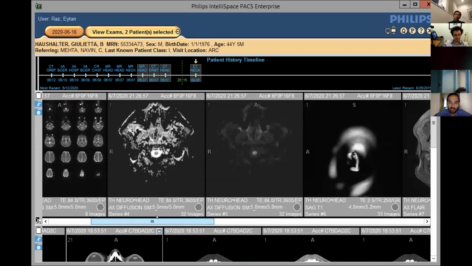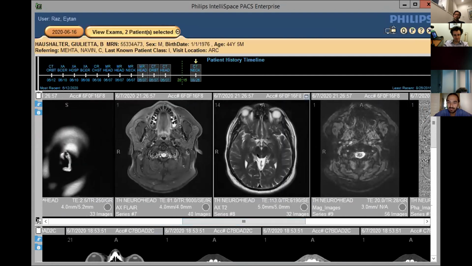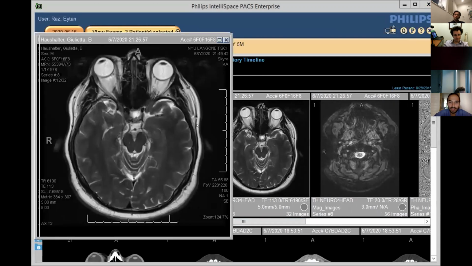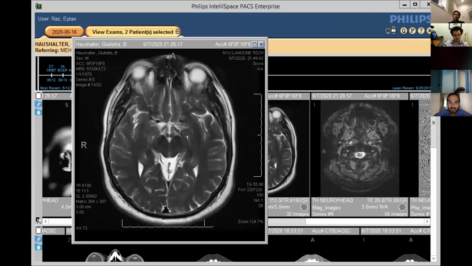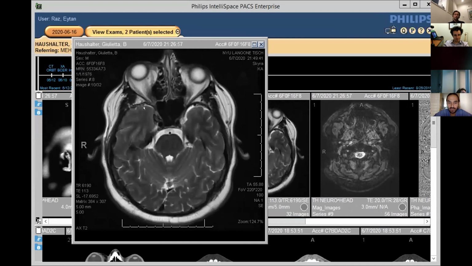He goes on to undergo an MRI, and the MRI shows that the superior ophthalmic vein is patent, not too large. There are certainly increased flow voids in the region of the right cavernous sinus.